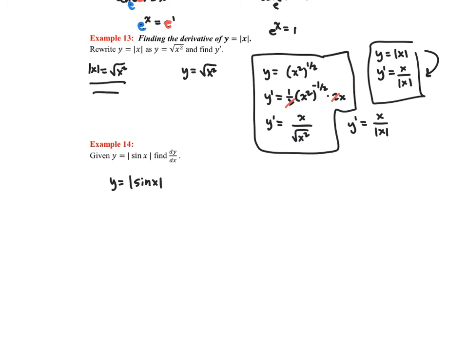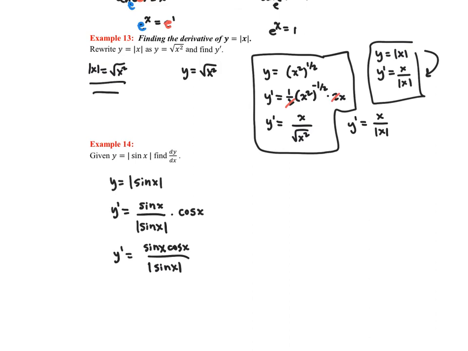Okay, so if I took the derivative of the absolute value of sine x, I should get sine x over the absolute value of sine x, but I'm missing something. By using the chain rule, I'd have to multiply by the derivative of sine x. Therefore, y prime would equal sine x cosine x over absolute value of sine x.